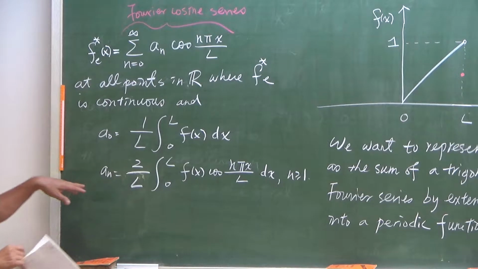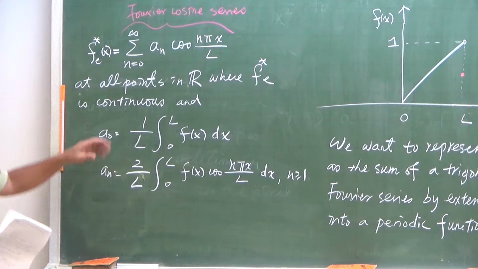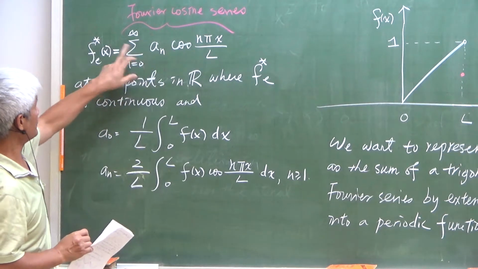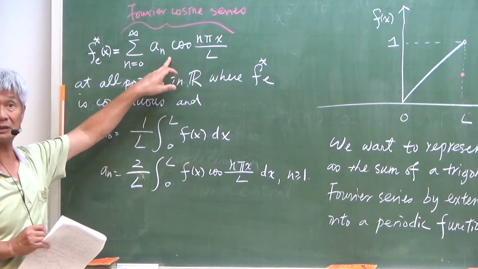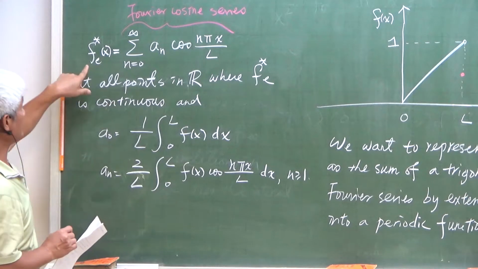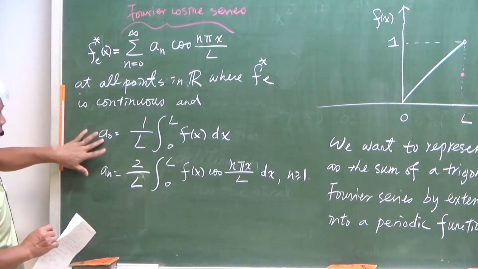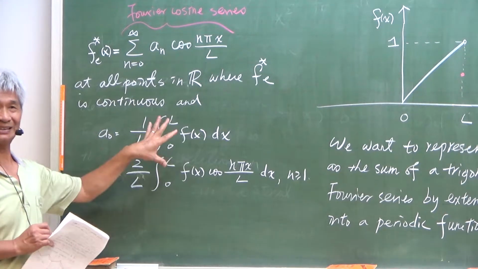Okay. Remember, when we have an even periodic function, the trigonometric Fourier series becomes the Fourier cosine series. We mentioned that last Thursday, right? And we know how to compute a0 and an just by using the half period, right?